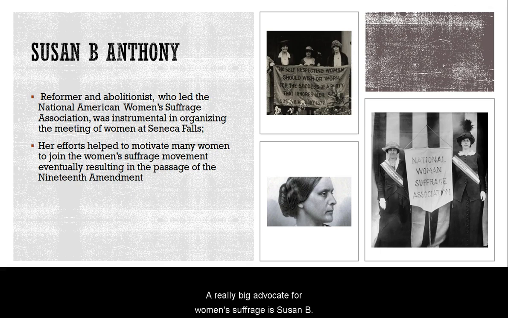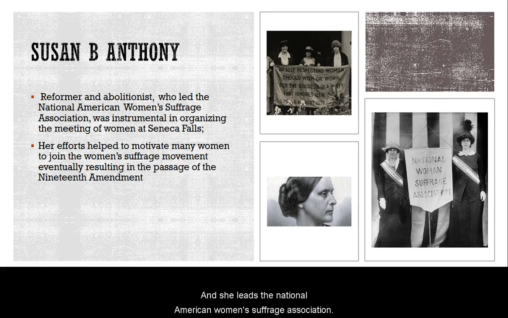A really big advocate for women's suffrage is Susan B. Anthony. Now, suffrage means the right to vote. So anytime you see the word suffrage, it's referring to the right to vote. Susan B. Anthony is a reformer and an abolitionist, meaning that she fought to end slavery before it was ended in 1865.